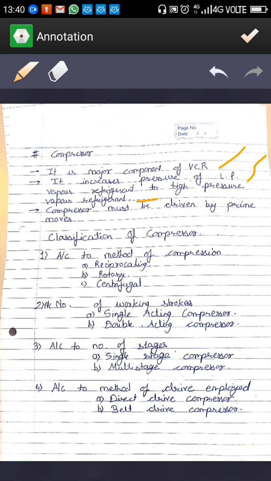Which type of compressor is that? It is a reciprocating compressor because your piston moves the same path repetitively. There is no rotor or circular motion. There is a linear motion which is repeated. So this is the reciprocating compressor.